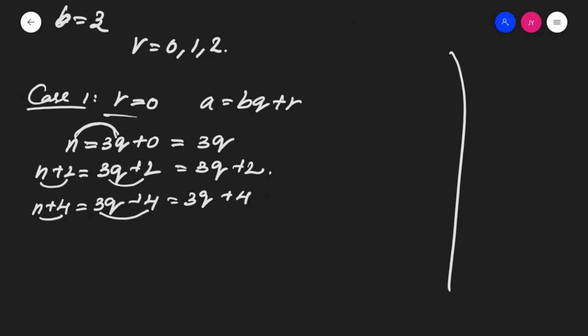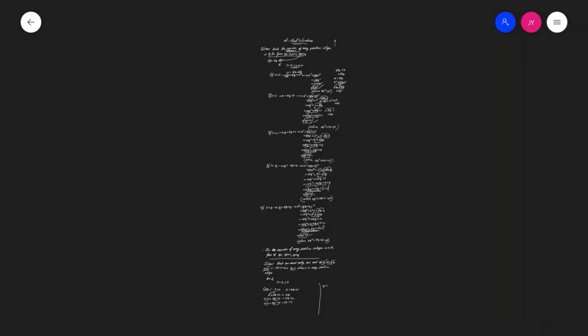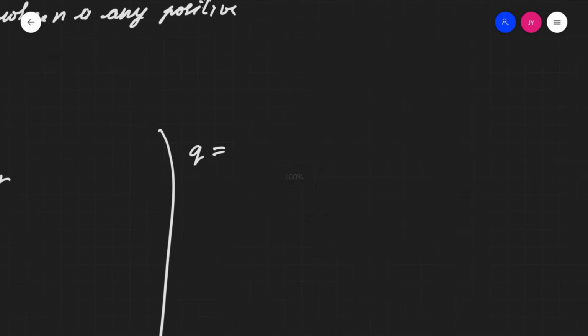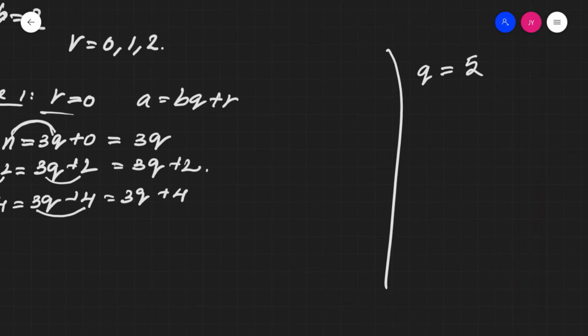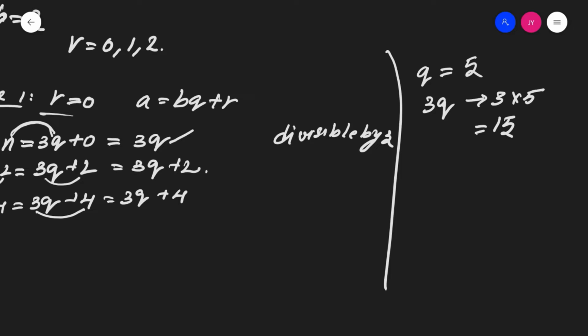Now rough column. Let's take q as any natural number. Let it be 5. So 3q means 3 into 5, which is 15. Is 15 divisible by 3? Yes, it is divisible by 3.